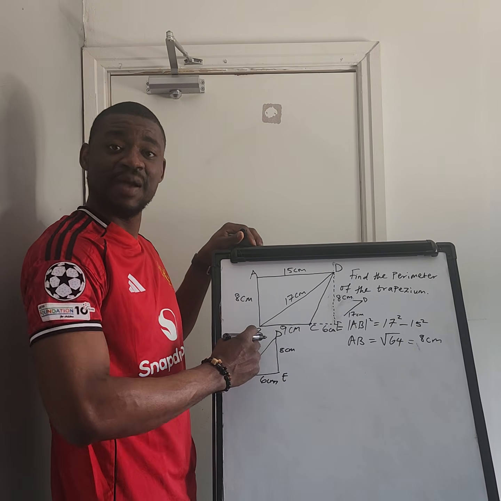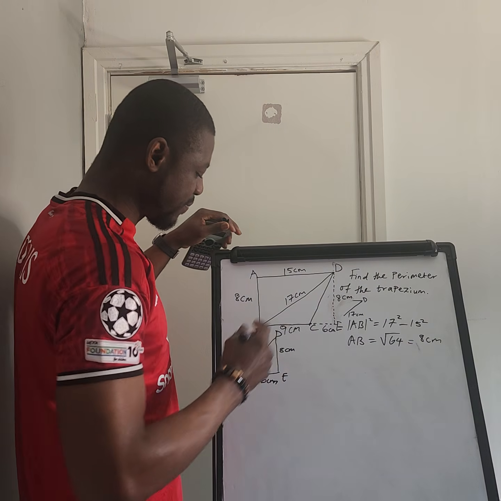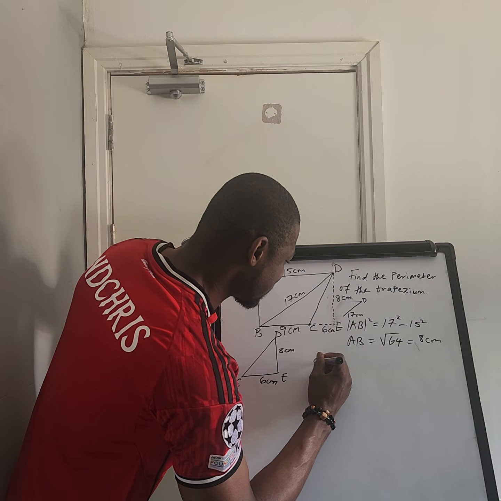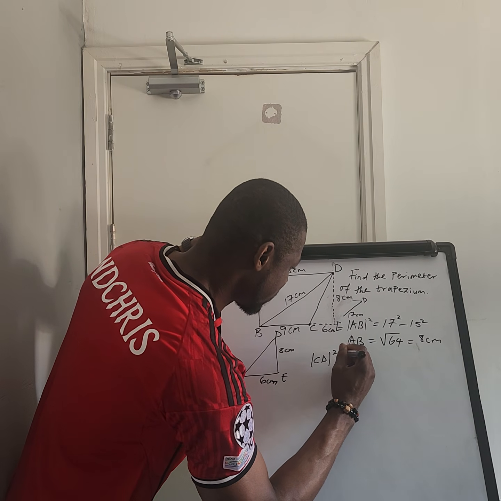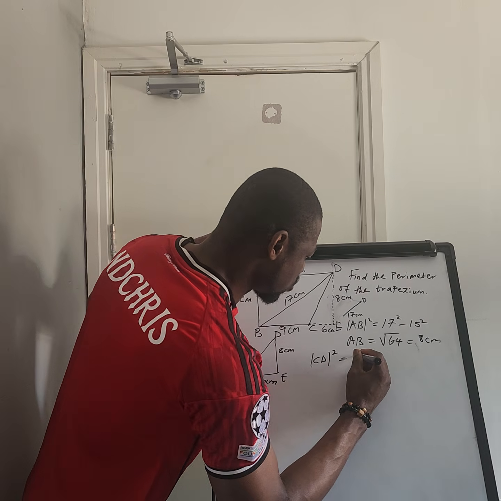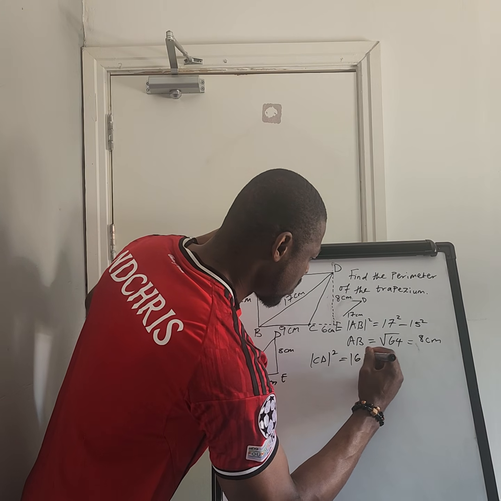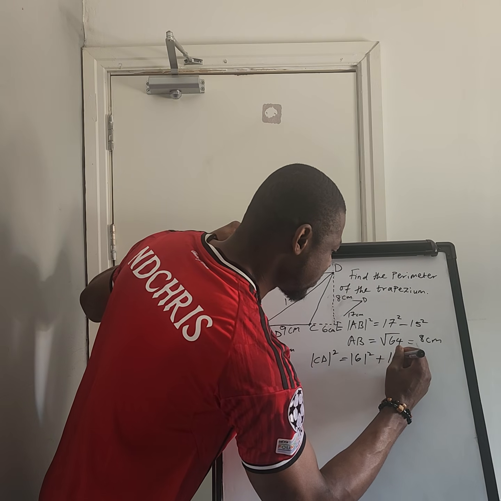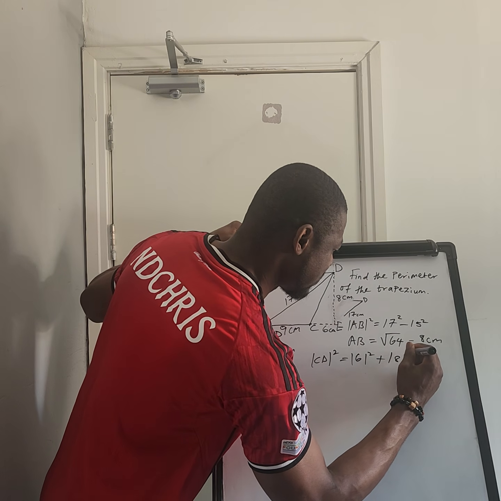So we need to find the hypotenuse again, and we're going to use the Pythagoras theorem. So we're going to find CD. So we can say that CD squared becomes equal to the sum of what? Sum of the square of the opposite and that of the adjacent.